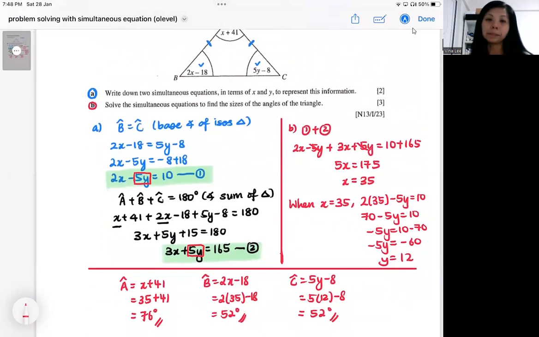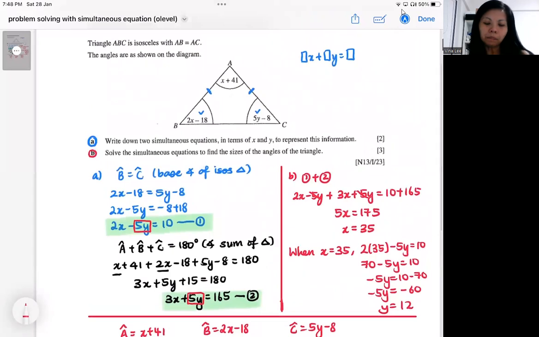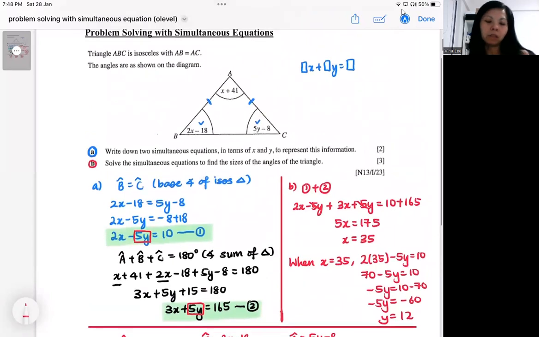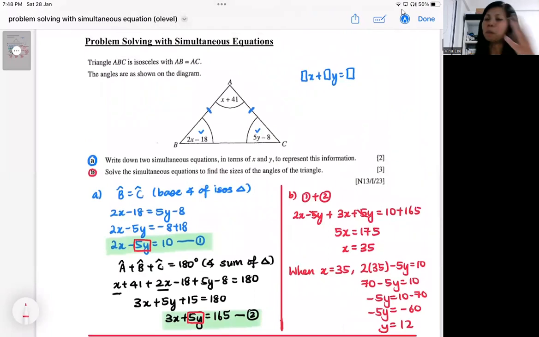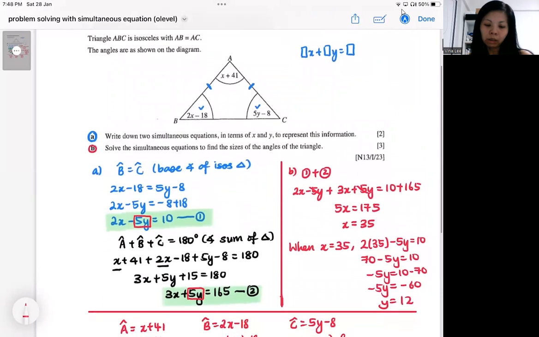So that's how you check. For simultaneous equations, you can be forming equations based on properties of angles. You can also be solving simultaneous equations based on properties of area, volume. Sometimes all these are quite possible.